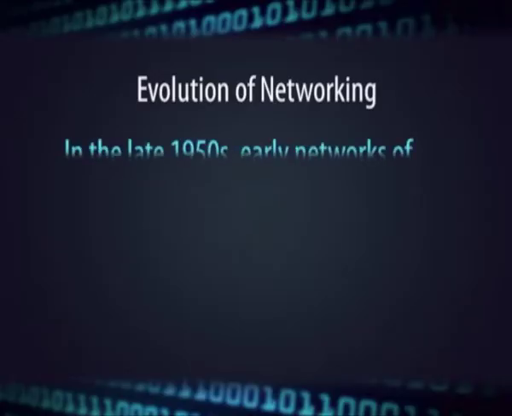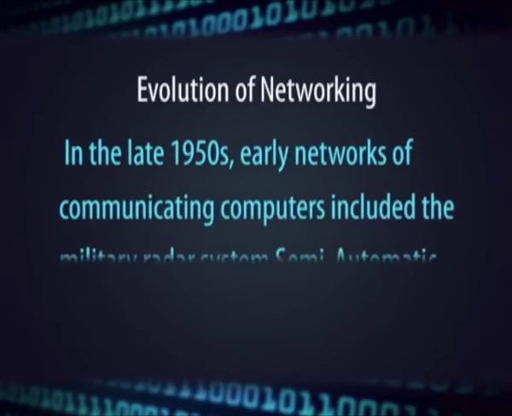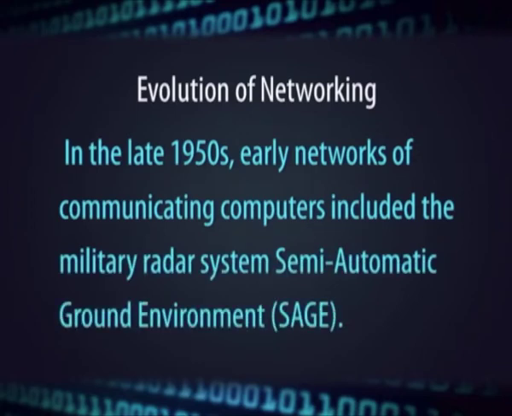Now, let us know how the evolution of networking took place in the history of computer networking. In the late 1950s, early networks of communicating computers included the military radar system known as SAGE, that is Semi-Automatic Ground Environment.